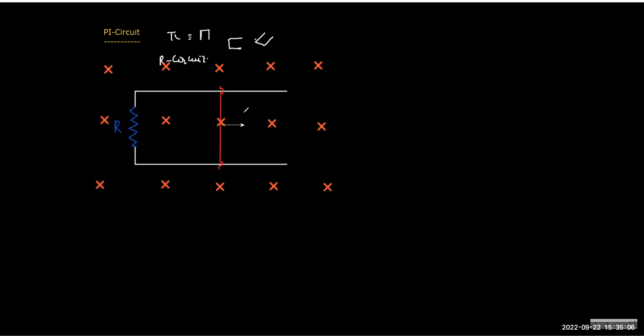At t equals 0, the slider is given a velocity v naught.